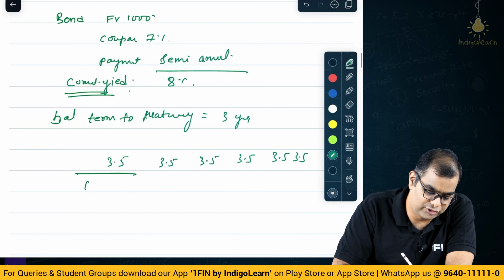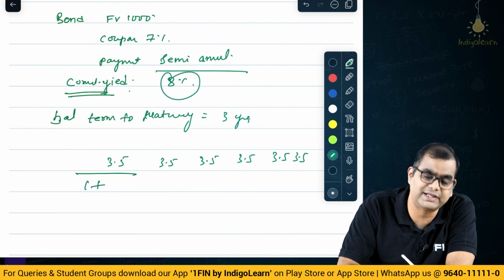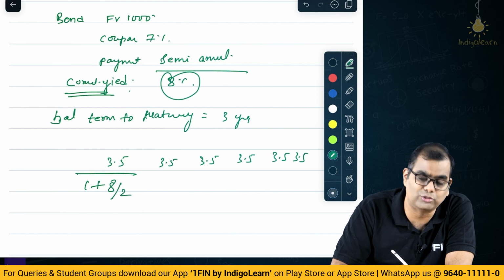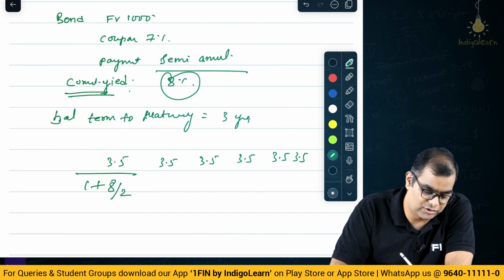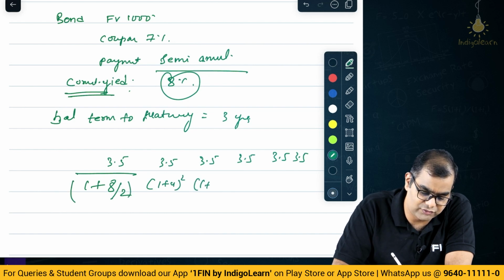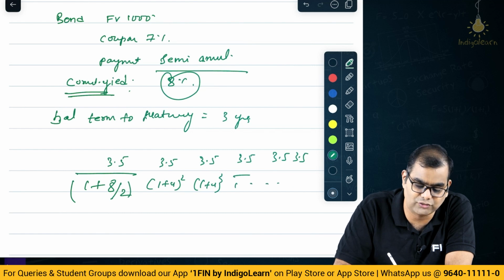This 3.5 you do not divide by the yield. Let us say this yield is 8%. You do not divide it by 8%. You divide it by 8 by 2 because of the number of periods. So this will be 1 plus 4% whole square, 1 plus 4% whole cube, and so on and so forth.